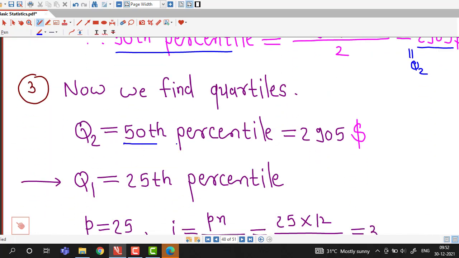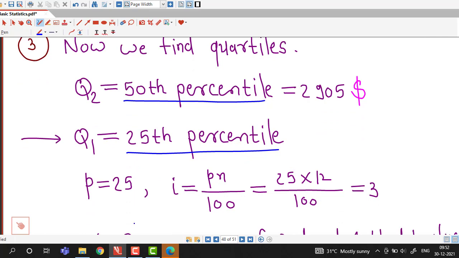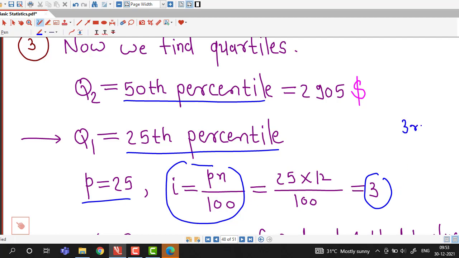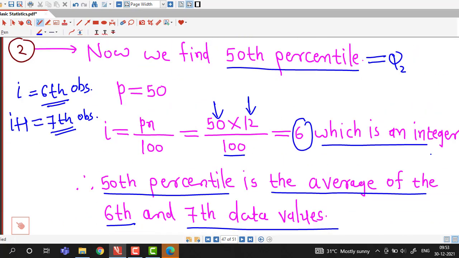We have written here, Q2 is 2905. Q1 is the 25th percentile, therefore P equal to 25, and I will be equal to P into N by 100. Here we substitute P equal to 25, so we have 3. This is an integer. So we find observation numbers 3 and 4 and we take their average.